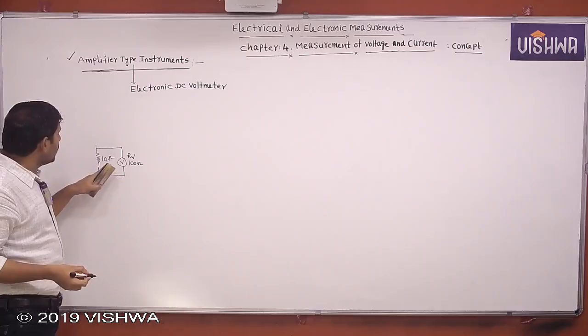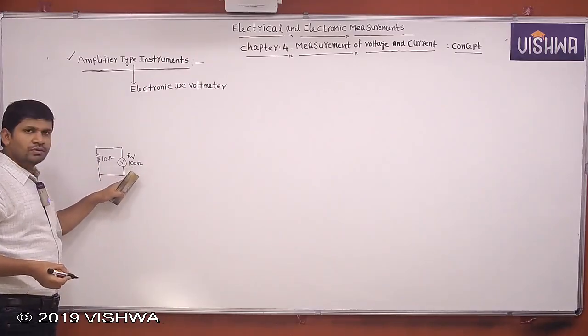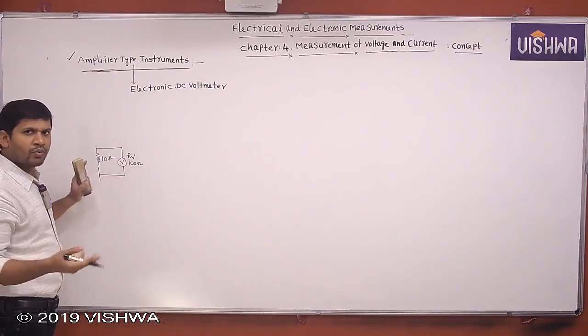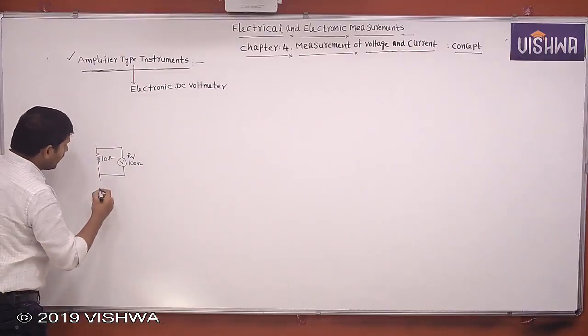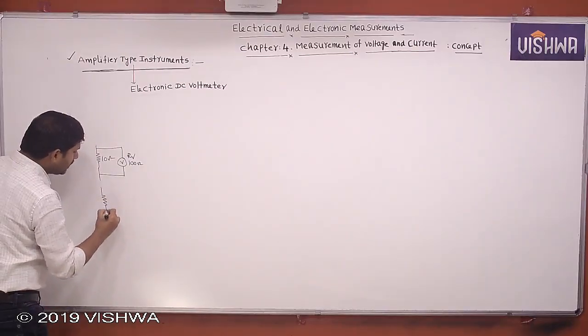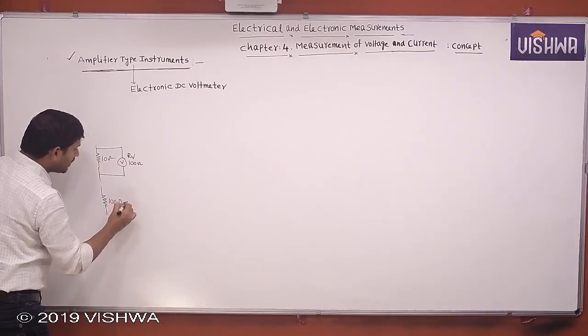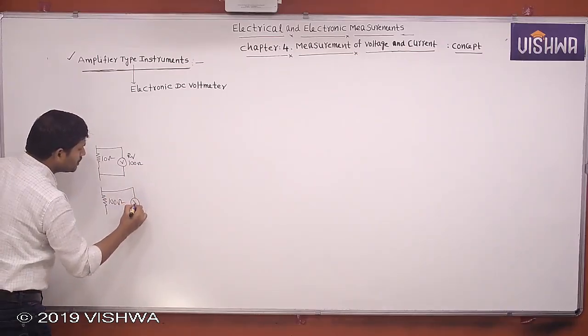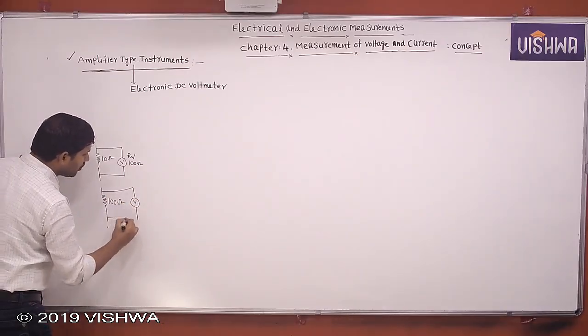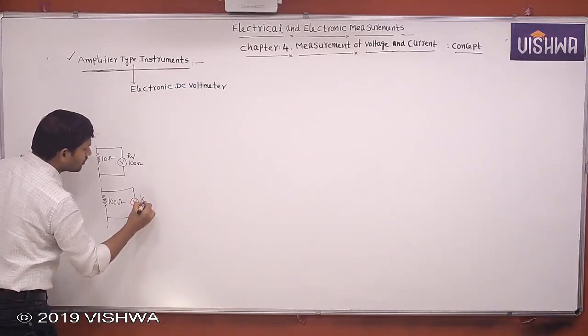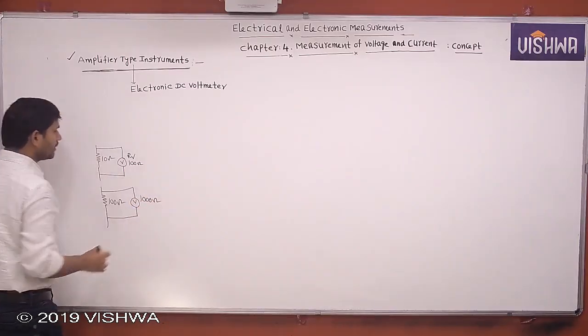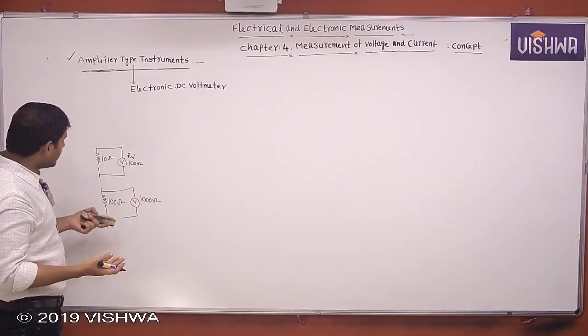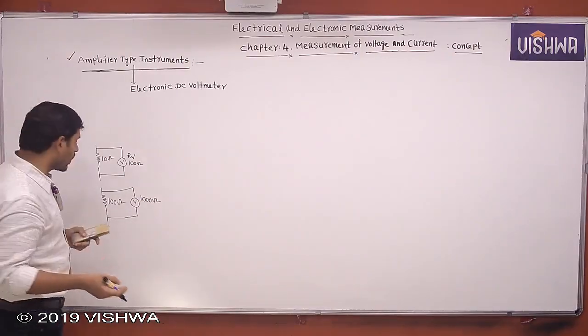That's why to measure the voltage across a 10 ohm resistor, we can use a 100 ohm voltmeter. No problem, we can design 100 ohms. Then to measure the voltage across a 100 ohm resistor, the minimum input resistance of the voltmeter must be 1000 ohms, to reduce the loading effect. We can design the voltmeter with 1000 ohms also, no problem.